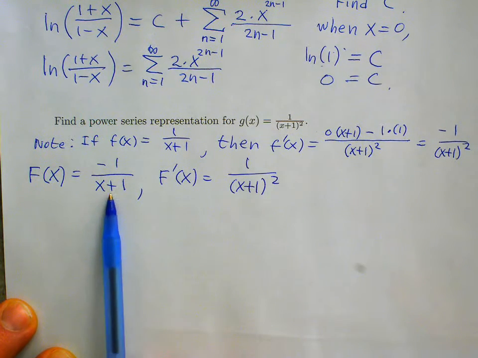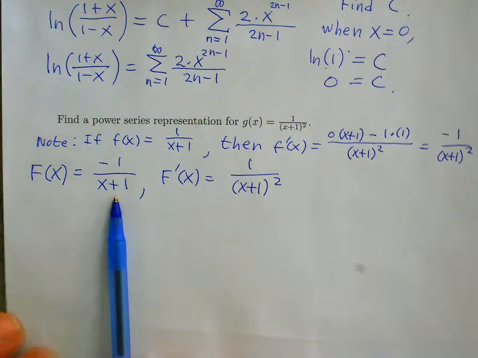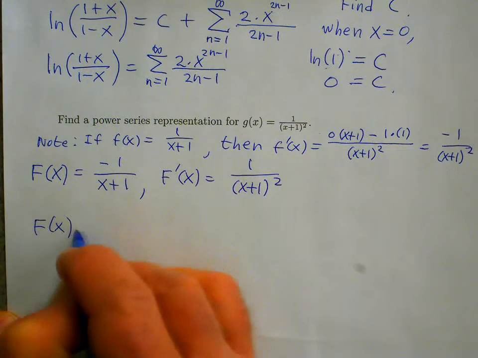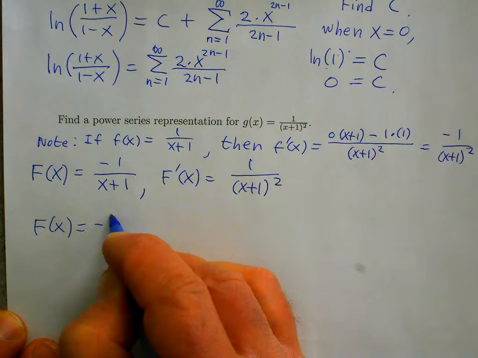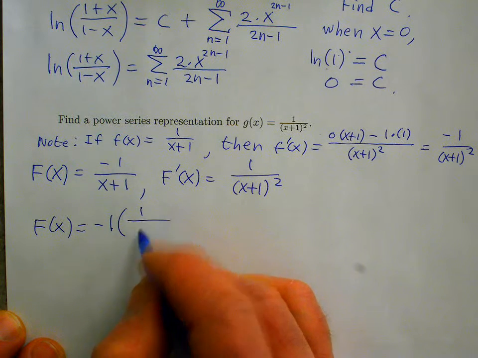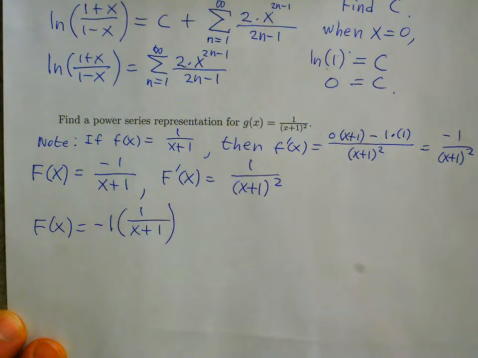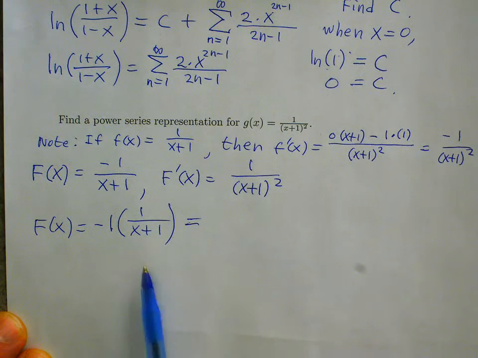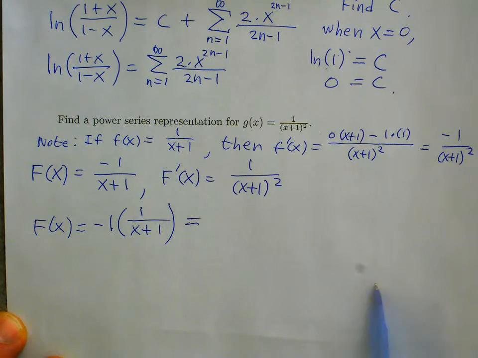So we can find a power series expansion of negative 1 over x plus 1 if we just multiply negative 1 times the power series expansion for 1 over x plus 1. Then after we find this power series expansion, we take the derivative term by term to find the power series expansion for 1 over x plus 1 squared.